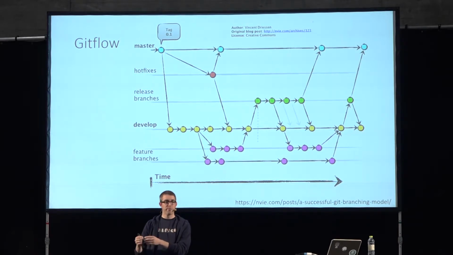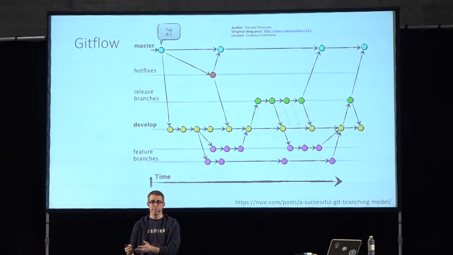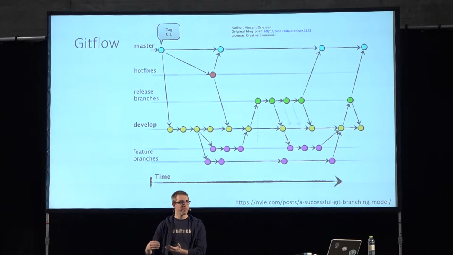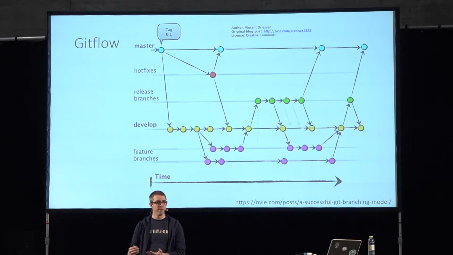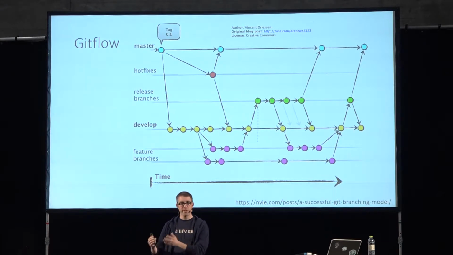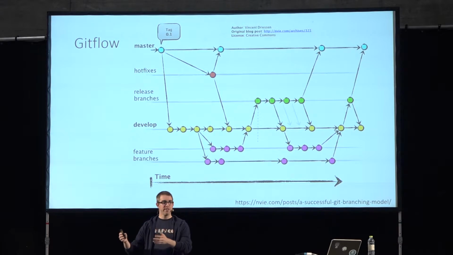You can work with several people together on your development branch, but you don't want to commit always to your development branch. That's where feature branches will come in. So feature branches will start from the development branch, and once they are ready to be merged, they can be merged back to the development branch.